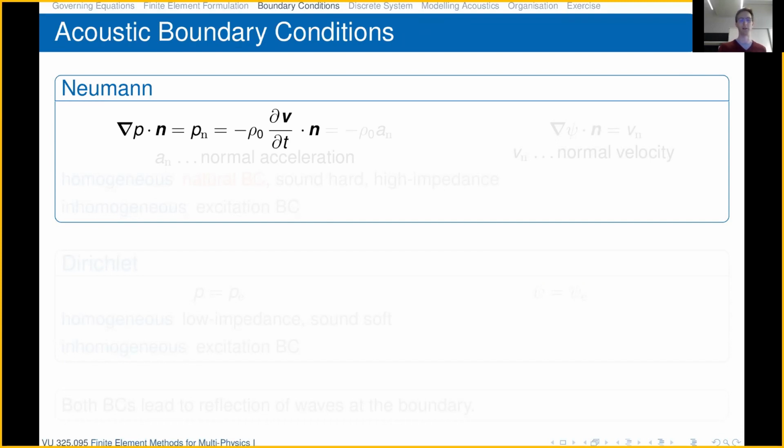So the time derivative of the velocity is related to the pressure gradient, and therefore we can interpret this time derivative of the velocity as a normal acceleration of the boundary.